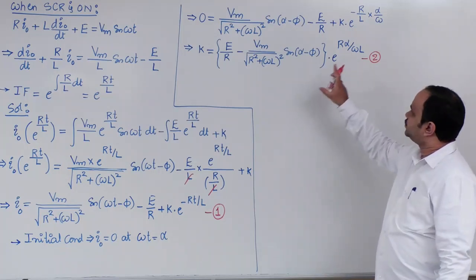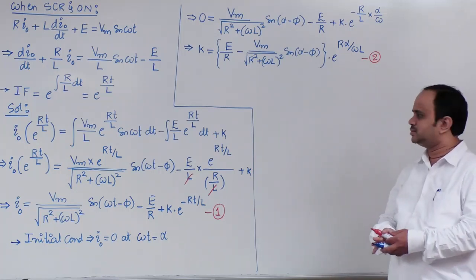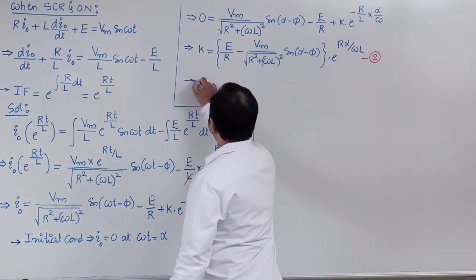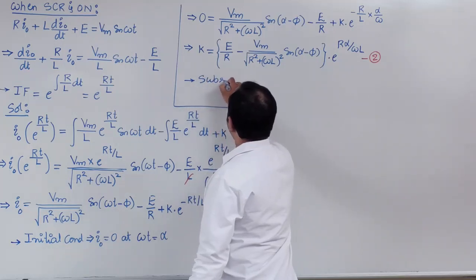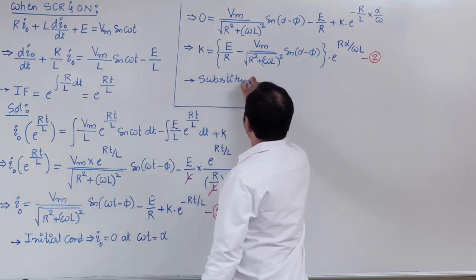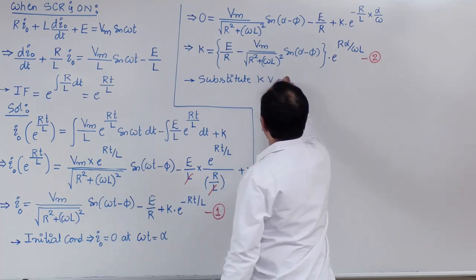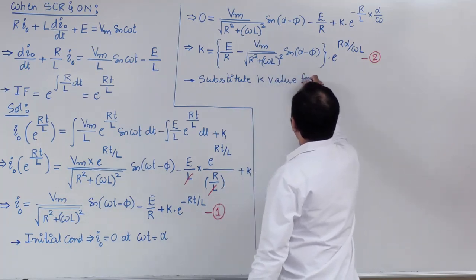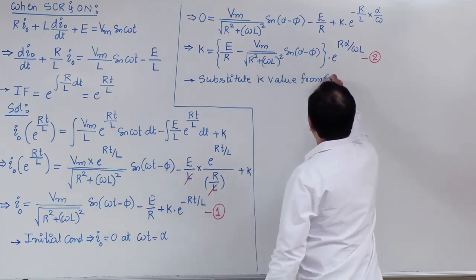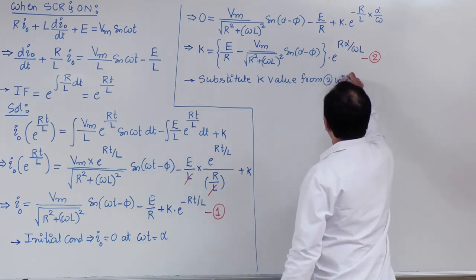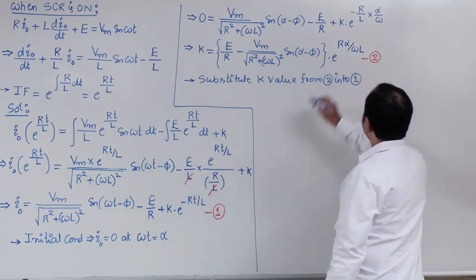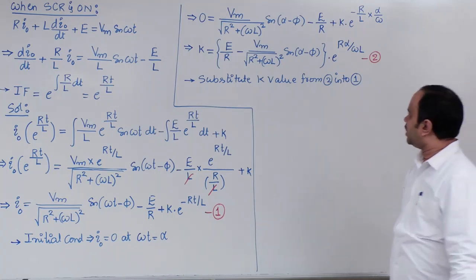So this equation 2 will give you that K value. So what can I do now? Substitute K value from equation 2 into equation 1. Then what we will get?